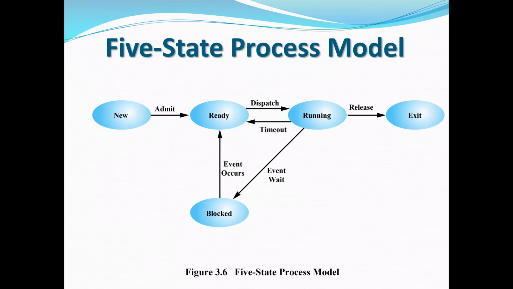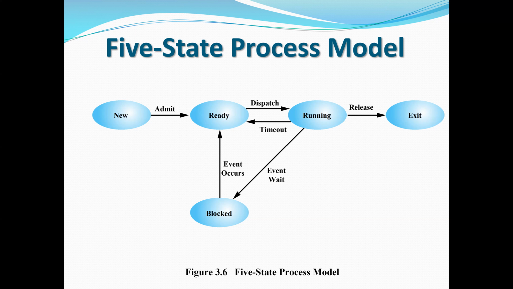Now we have our five-state process model. First, we start with the new state. From new to ready, the operating system will move a process from the new state to the ready state when it is prepared to take an additional process.